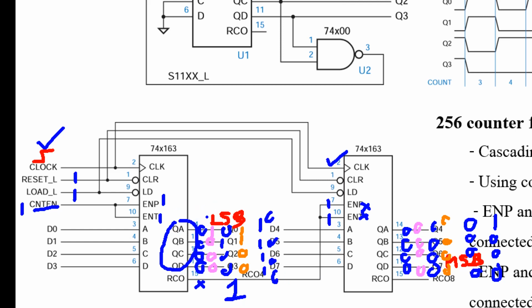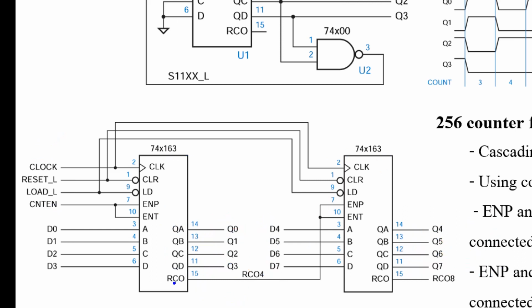This shows how 8-bit counting works by combining these two ICs, using the RCO of this IC as the enable input for the next IC.